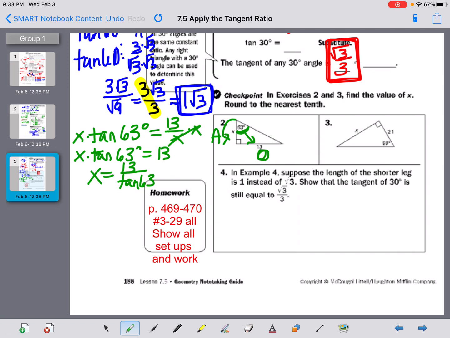I get about 6.6. Again, in my work, I need to work with 4 decimals if I need to do something with decimals, okay? But if I'm using the calculator, it takes care of it for me. So remember, the 13 divided by tangent 63 is my test answer, and the 6.6 is the answer for this x right here.